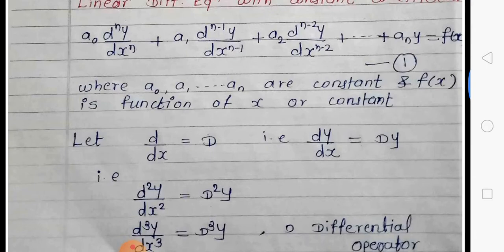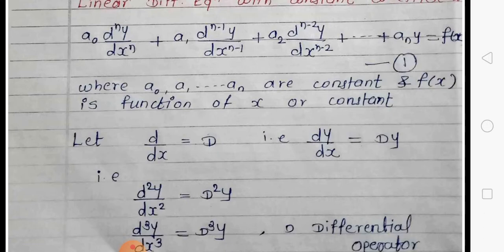Here the degree of each term of the differential coefficient is 1. In the first term, degree is 1, order is n. In the second, degree 1, order n minus 1. In the third term, degree is 1 and order is n minus 2. In this way, we write terms up to a n into y is equal to f of x.